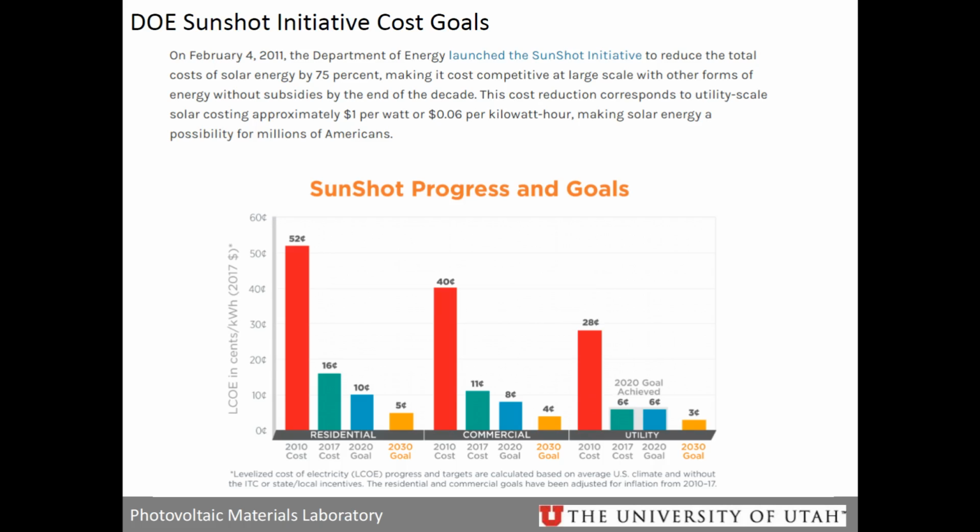As you can see, over the years this has progressed as the US government wanted. I wouldn't say these numbers are accurate to the holy grail, but the projected goal for 2030 is roughly 3 to 5 cents per kilowatt hour.